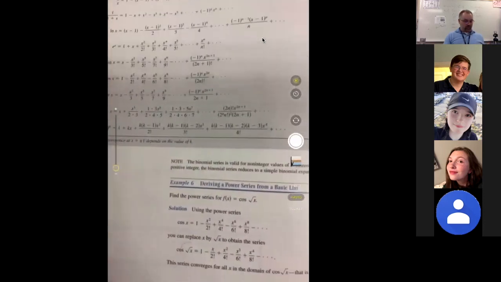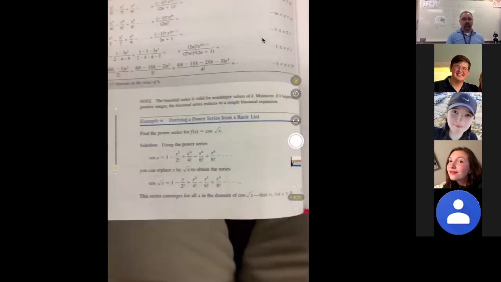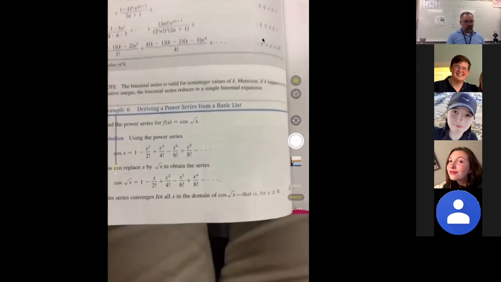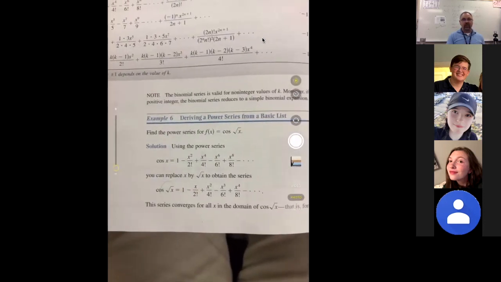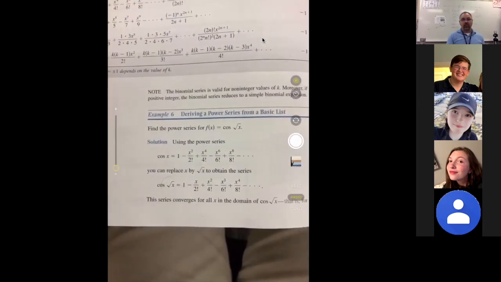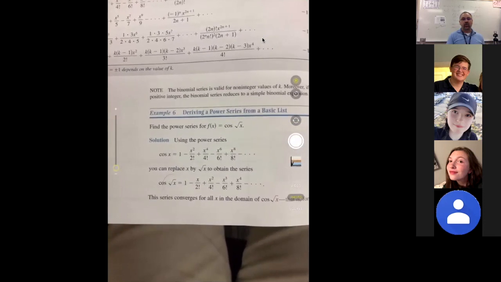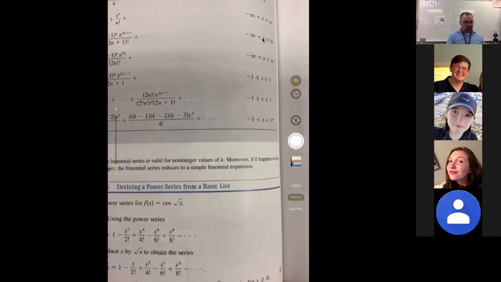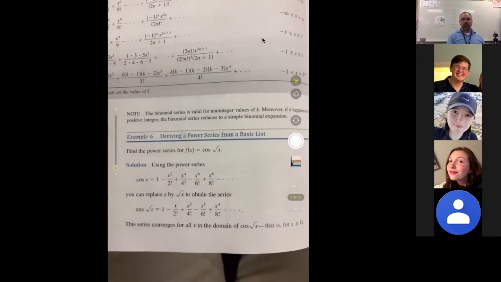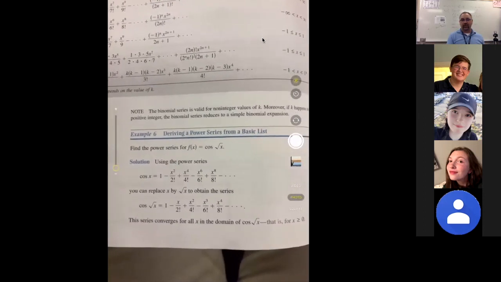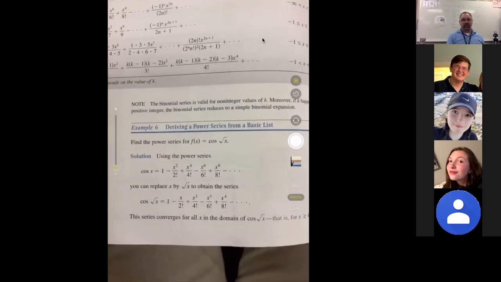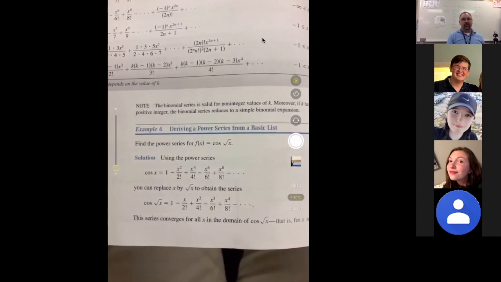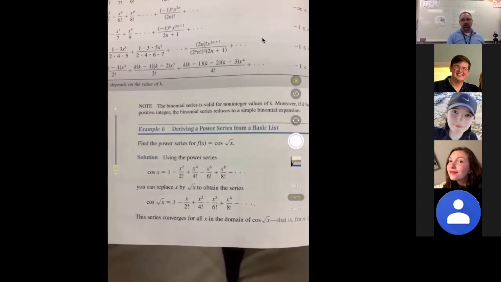For example, I won't work this one out for you, but let's take a look at cosine, but instead of cosine of x, we're going to do cosine of the square root of x. I don't want to do a bunch of derivatives for cosine of square root of x, because those are going to be messy with the chain rule involved.